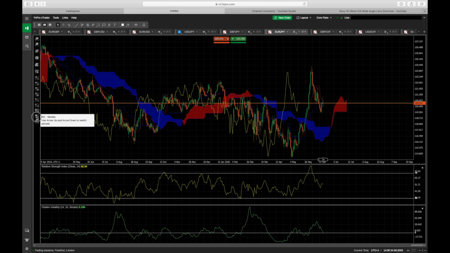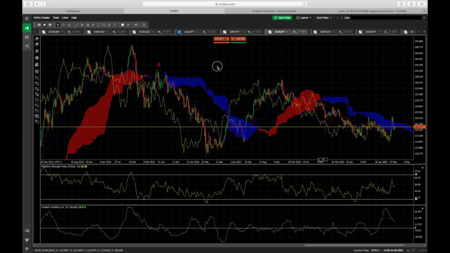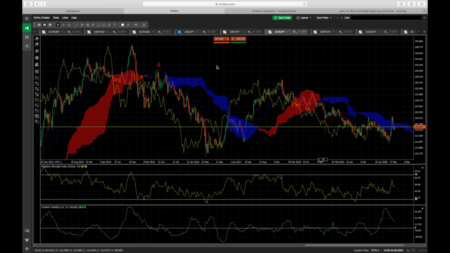We jump straight up to weekly, get a bigger picture first, as always, before we jump in. Now we can see, just looking at the weekly, we are testing a support level at the 120. I'm just looking left to 23 December 2012. That was a good support level, respected there.